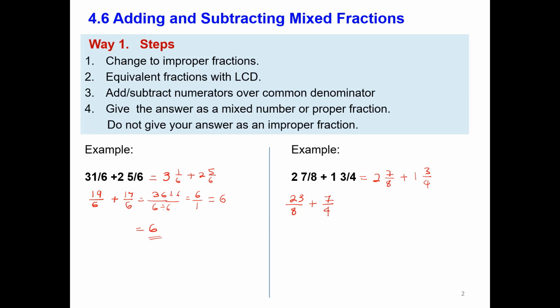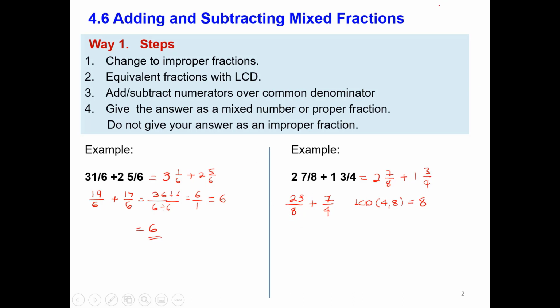In this case, we have different denominators, and we need to find the LCD to get a common denominator. The LCD of 4 and 8 is 8. In the first fraction, we don't need to do anything because we already have 8 as the denominator.